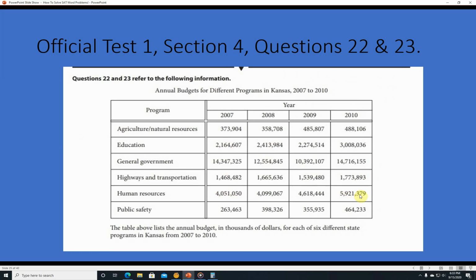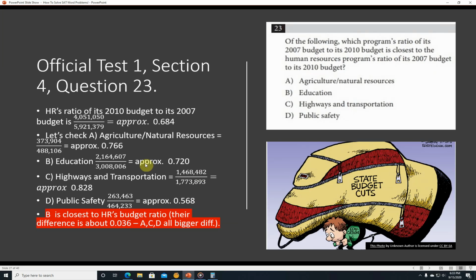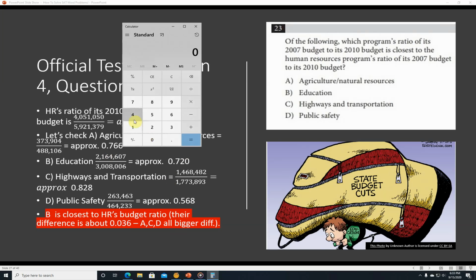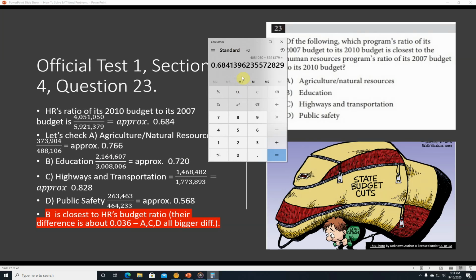Over 5,921,379. So that's going to be approximately 0.684. And we can go 4,051,050 divided by 5,921,379, which is roughly 0.684. So, all right.